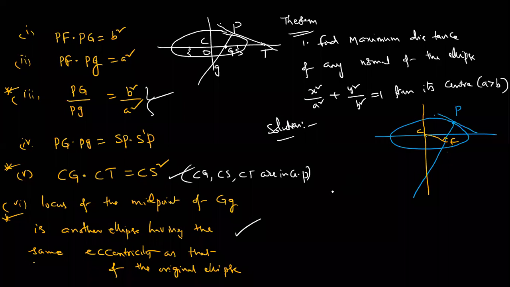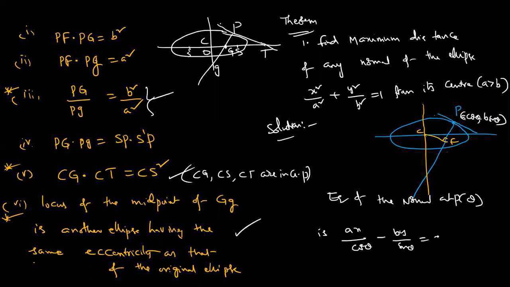So please write down: the equation of the normal at P of theta, meaning P is a cos theta, b sin theta. What is the formula, anyone? ax by cos theta minus by sin theta is equal to a square minus b square.